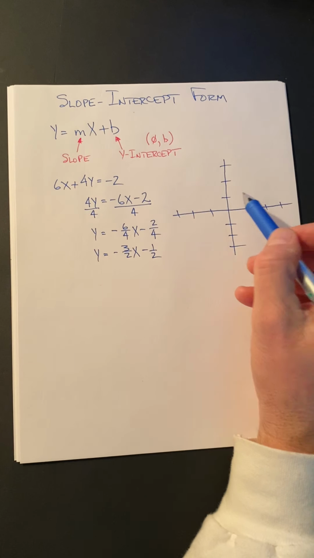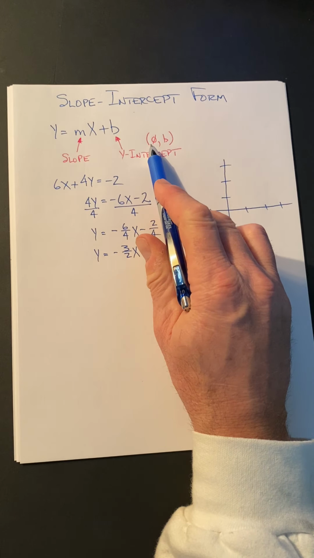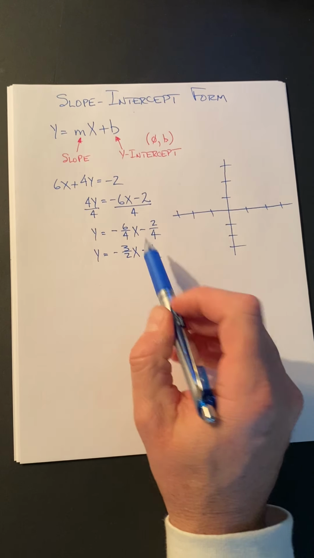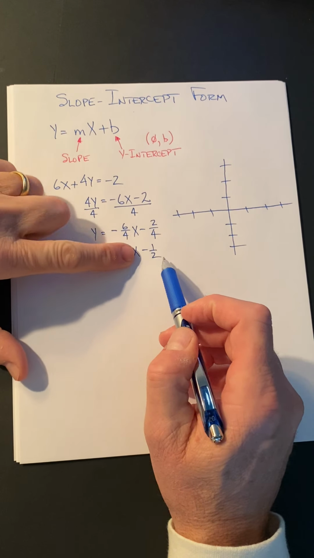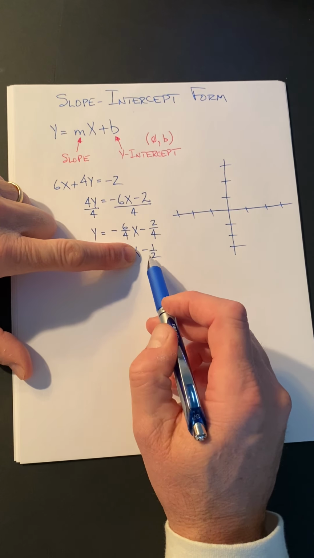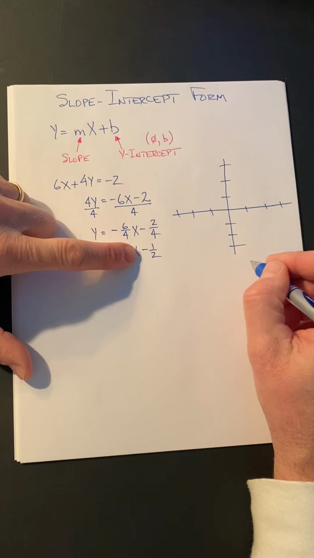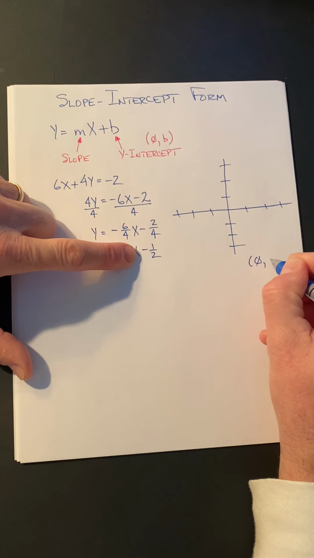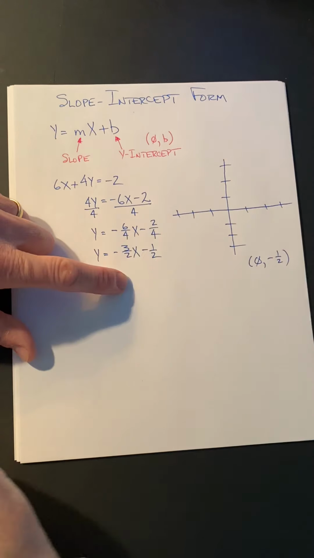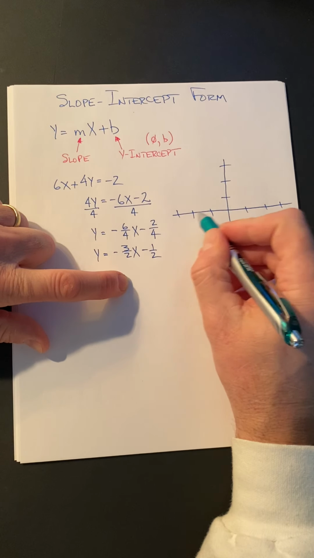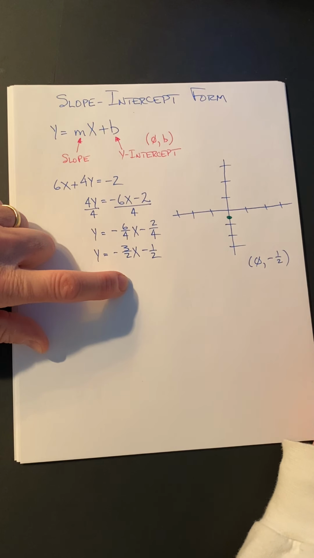Because in order to go through the y-intercept, the y-axis, it has to have an x of 0. So when I'm in y equal mx plus b format, right there is a coordinate. It's 0, comma, minus 1/2, okay? So 0, comma, minus 1/2 is on my graph. So let's put that guy on there. Over 0, down 1/2, okay?